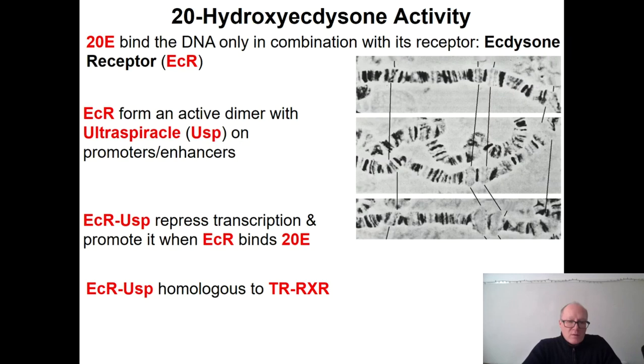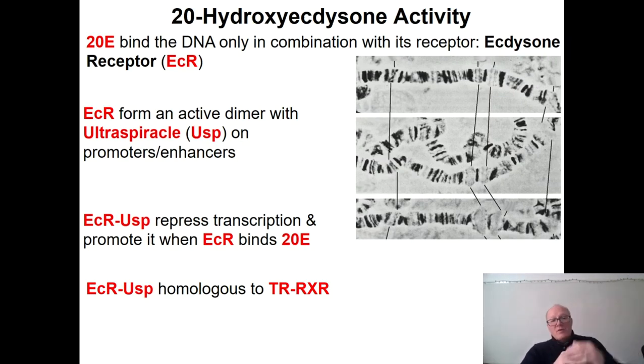Now, if you recall, a similar situation was found also during metamorphosis of amphibians. In amphibians, we have the thyroid receptor that was binding the RXR, and they were sitting together on target genes, repressing their expression.